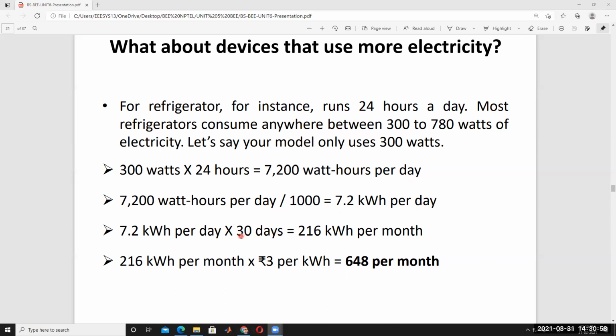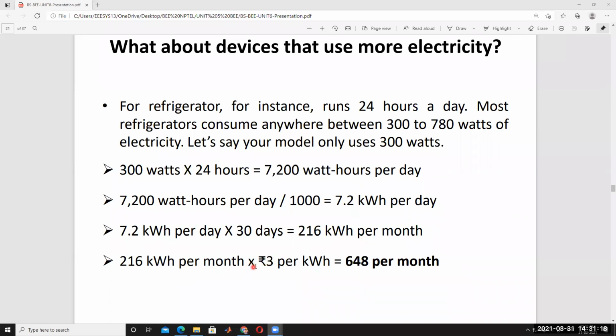After that, multiply by 30 days to get the monthly figure: 7.2 into 30 days gives 216 kilowatt hours per month.